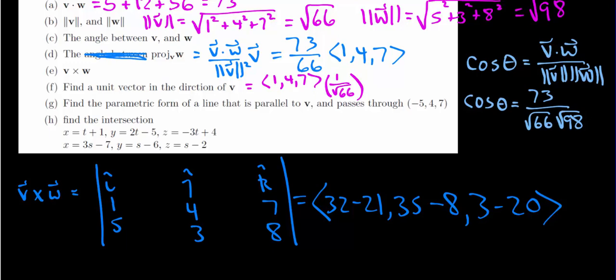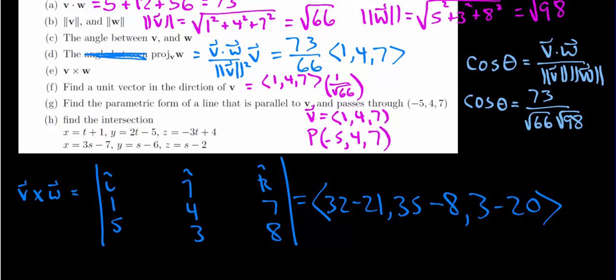Now, this next one says find the parametric form of a line that is parallel to the vector V and passes through -5, 4, 7. Remember how this goes. We have a vector, so we have a vector parallel. V is equal to 1, 4, 7, and we've got a point, which is -5, 4, 7.